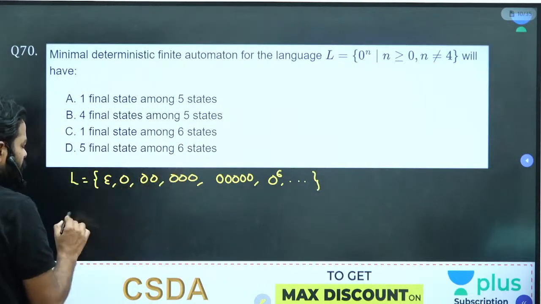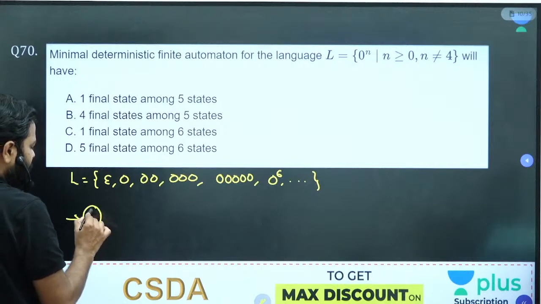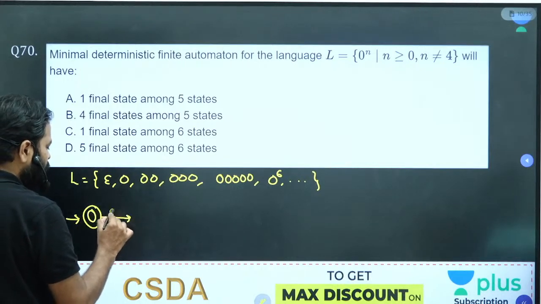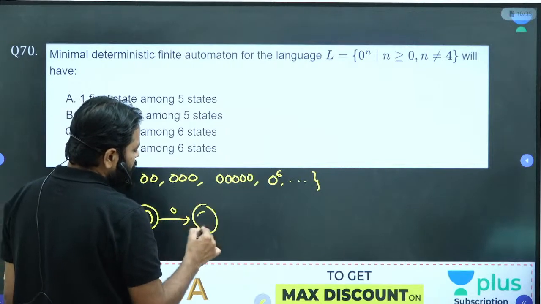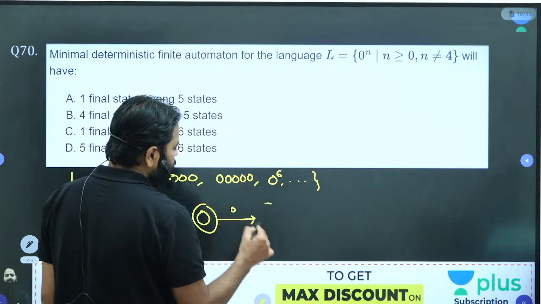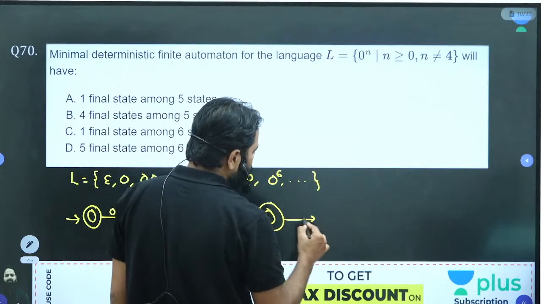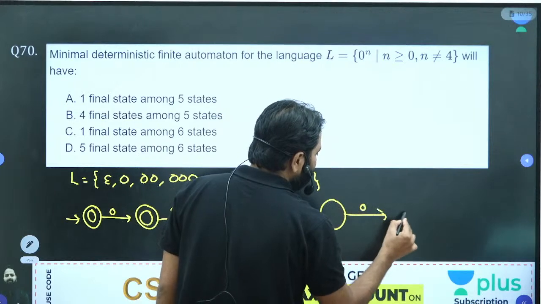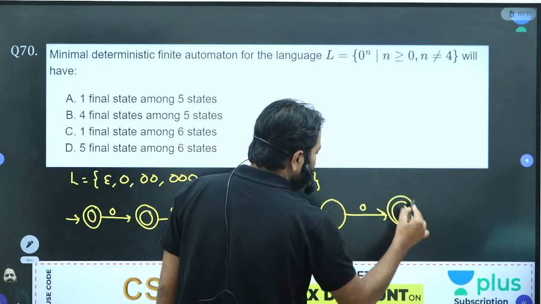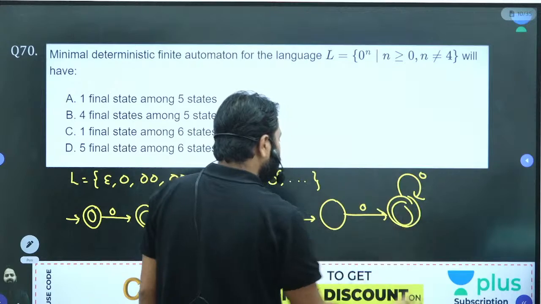To track those 4 zeros, you need 5 states. Epsilon should be accepted, 0 should be accepted, 2 zeros should be accepted, 3 zeros should be accepted. The 4th 0 should not be accepted. But after that, the 5th 0 should be accepted, and after that every string. How many states?